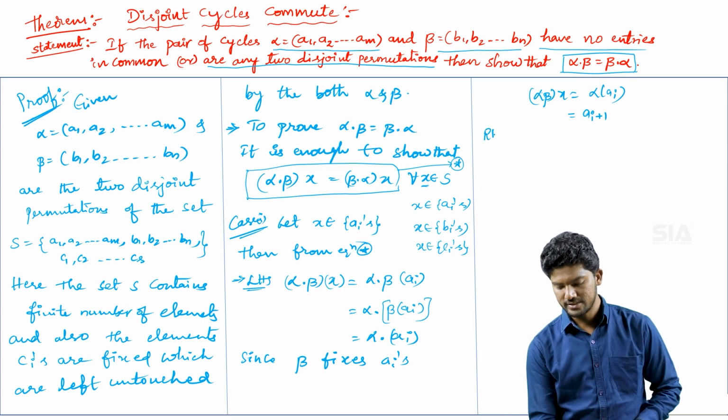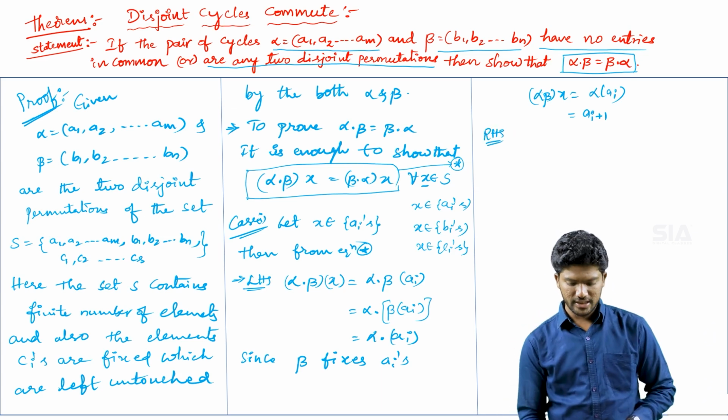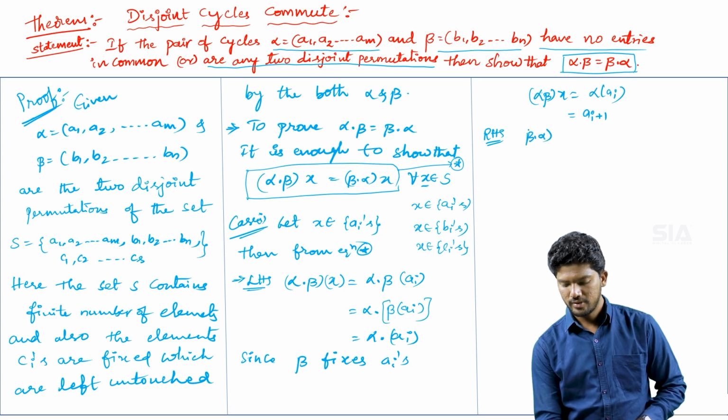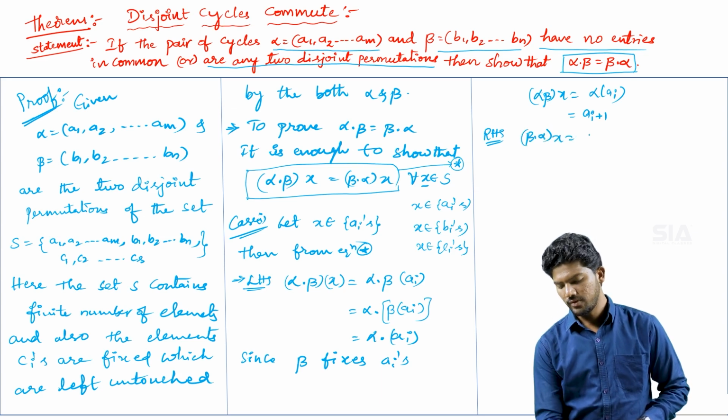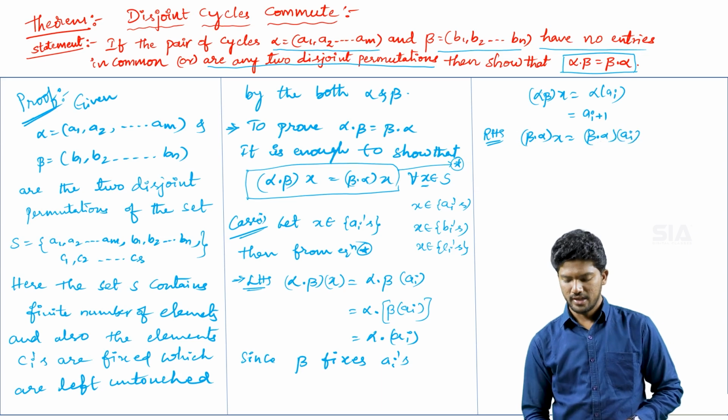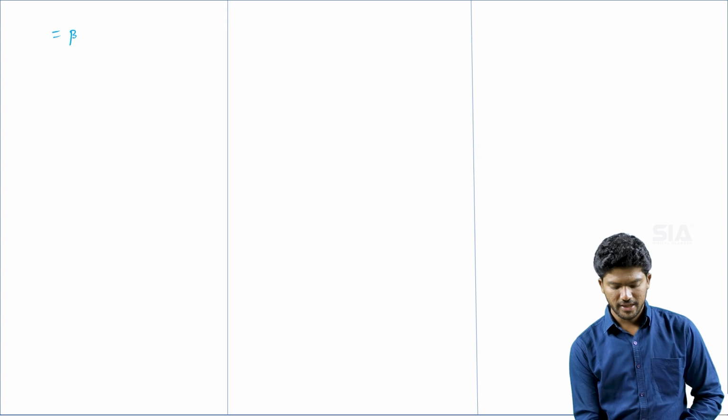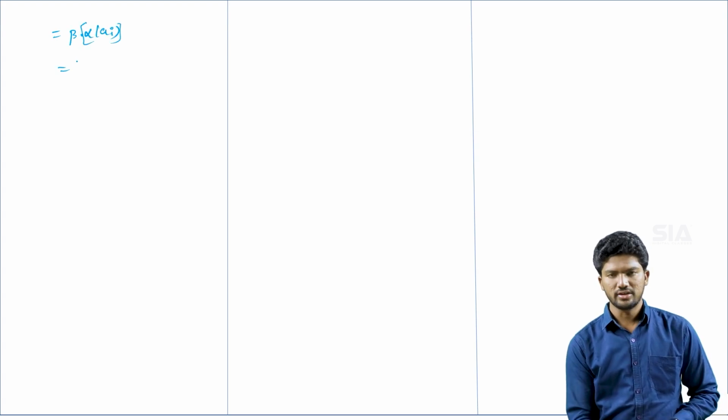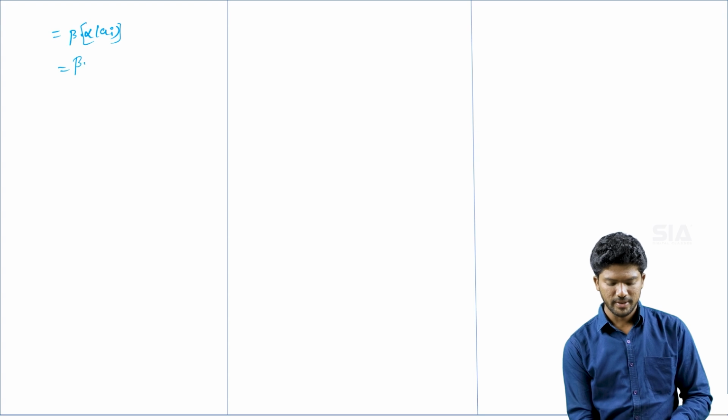Next RHS. RHS is nothing but beta into alpha into x. So beta into alpha, what is the x? A suffix i. So that implies beta into alpha into a suffix i. According to the known theorem you can write this value as beta into a suffix i plus 1.